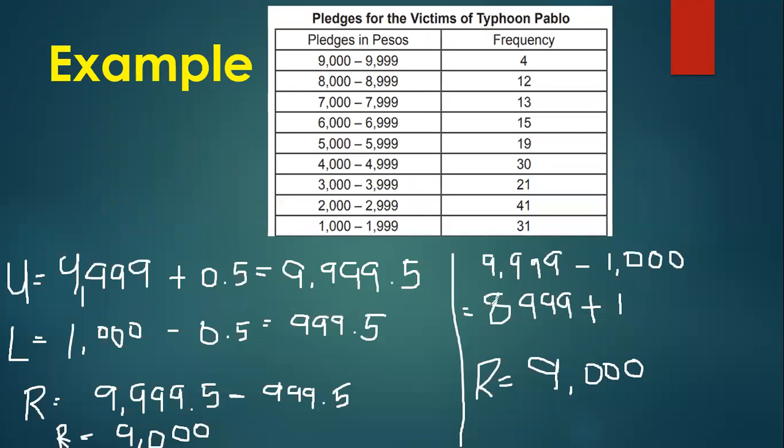Subtract, so it will be 8,999. Just add 1, it will be 9,000. So it's up to you. The important thing is you need to find the range. You get it? Any question?